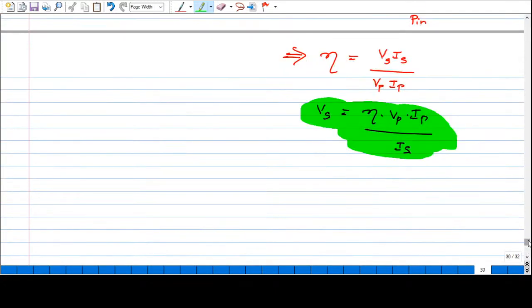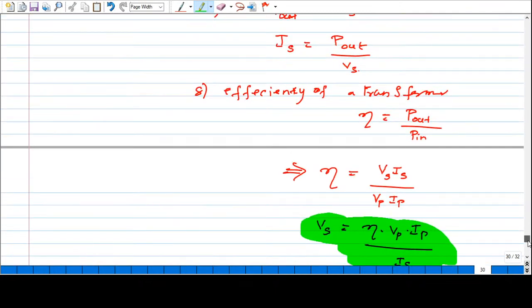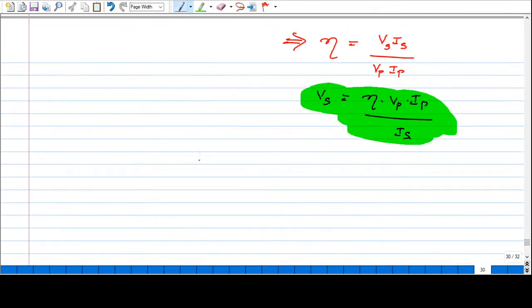And also, again, in a transformer, we have one more formula, that is formula number 9. Vs by Vp is equal to Ns by Np. This is also a condition in a transformer.